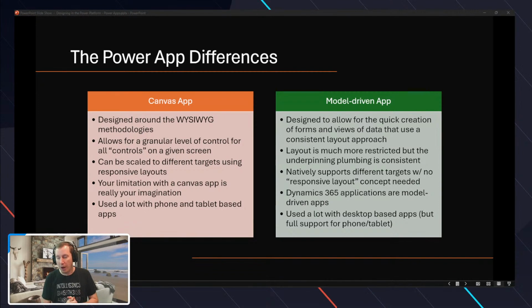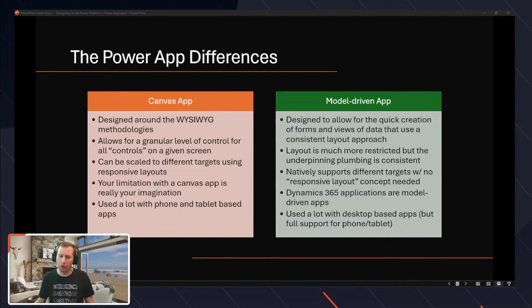The nice thing about model-driven apps is that because they are not a canvas, Microsoft has a front end that allows us to develop the model-driven app, and then those forms, views, and screens can be very easily displayed and scaled properly to a phone, a tablet, or a PC without any additional work. But remember, you can't control the layout as easily as you can with the Canvas app, right?